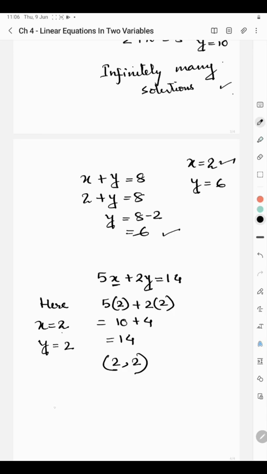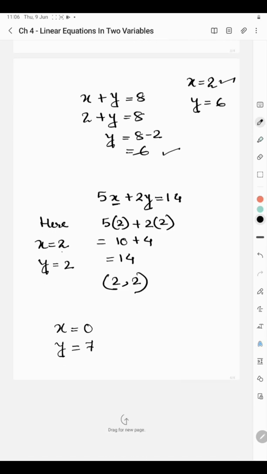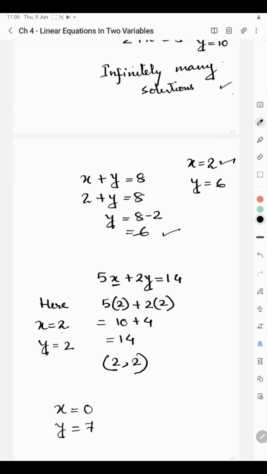Suppose we have the value of x as 0 and y as 7. So if the value of x is 0, then 5 into 0, and 2 into 7, where 7 is the value of y.